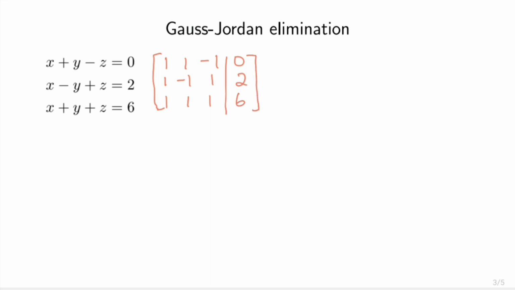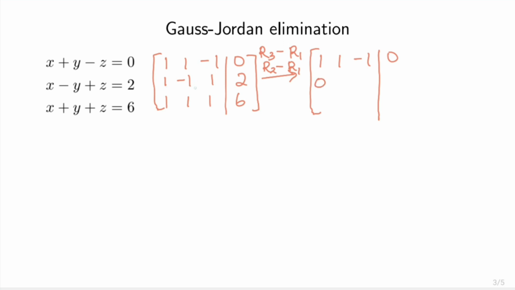All right, so we can subtract the first row from the second and third rows. So we have row 2 minus row 1, as well as row 3 minus row 1. And what does that give us? Row 1 remains unchanged, so it's still 1, 1, minus 1, 0. Then we subtract row 1 from row 2, so we have a 0 here.